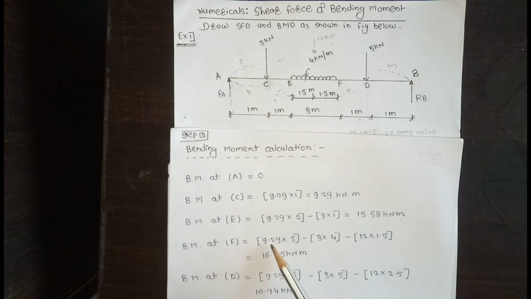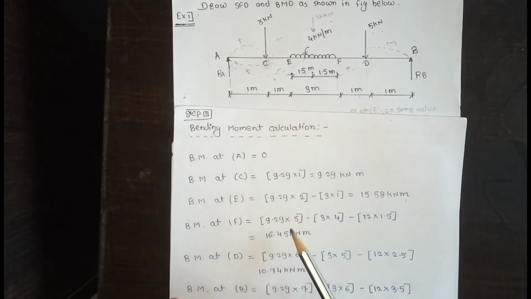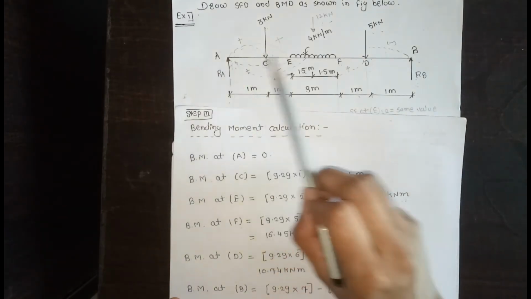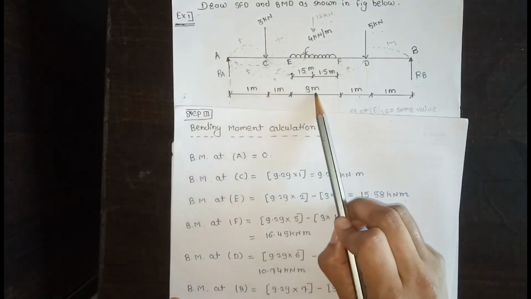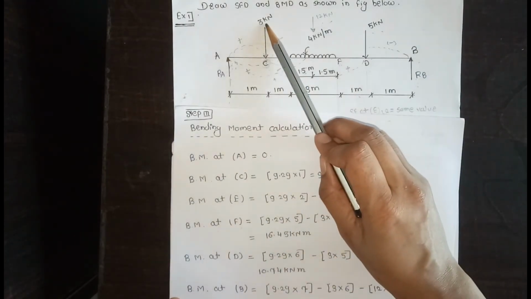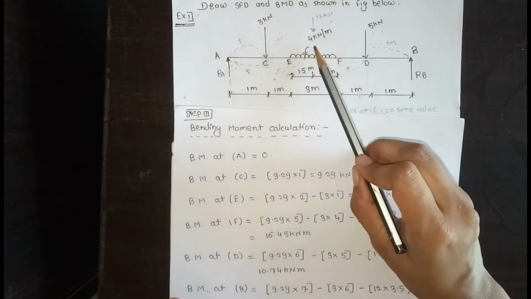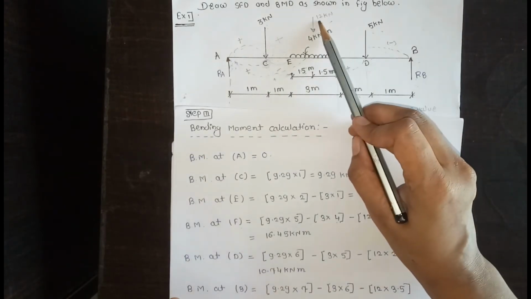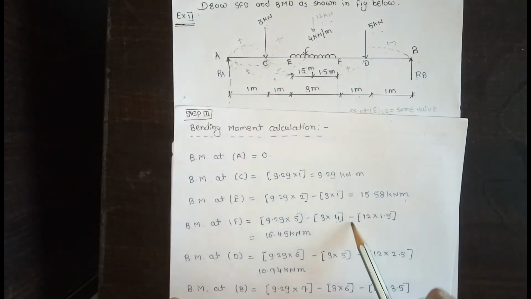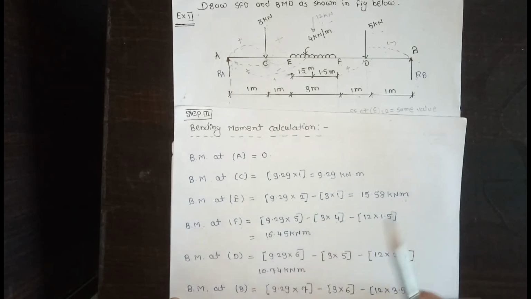So the first force is 9.29 into the perpendicular distance A to F, 1 plus 1 plus 3, 5 distance, then minus the second force, 3 into perpendicular distance 4. Then the third force is the 12 equivalent point load, minus 12 into 1.5. This is equal to 16.45 kilonewton meter.